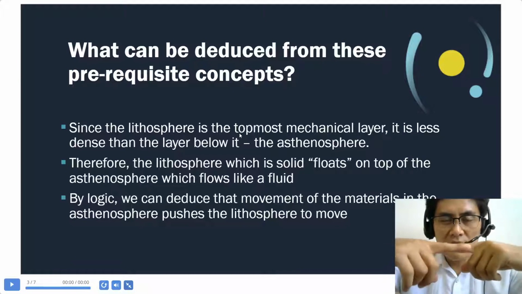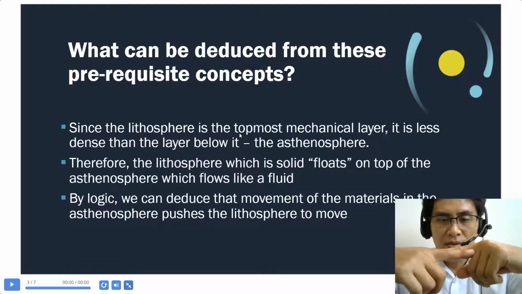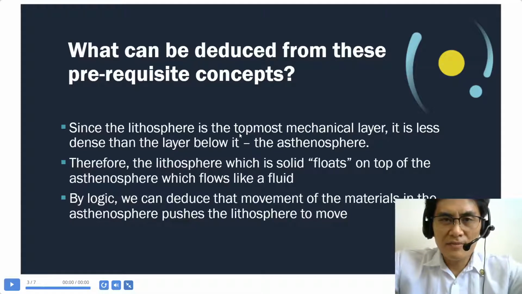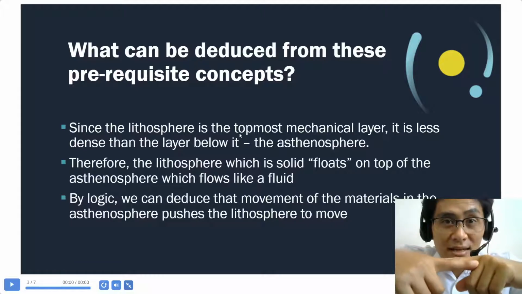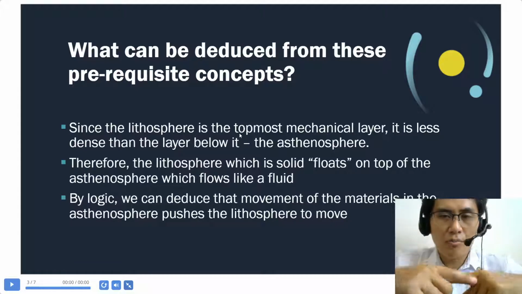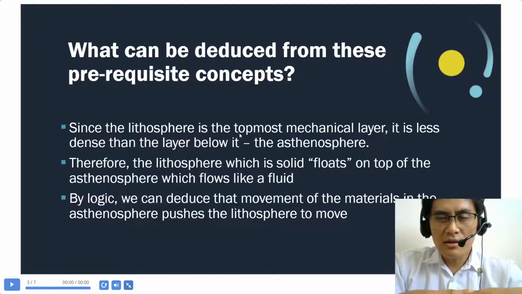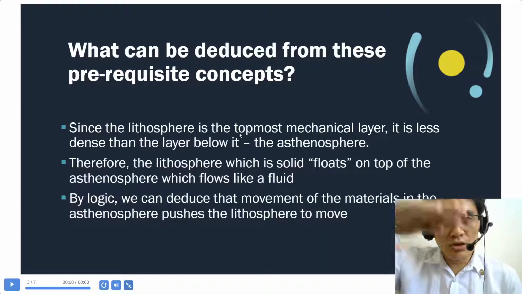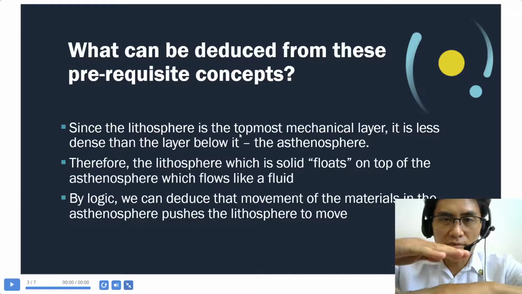Now, since the lithosphere is solid and the asthenosphere is partially melted, and the lithosphere has less density, it's lighter compared to the asthenosphere, then it's like a boat floating on top of the seawater, right?